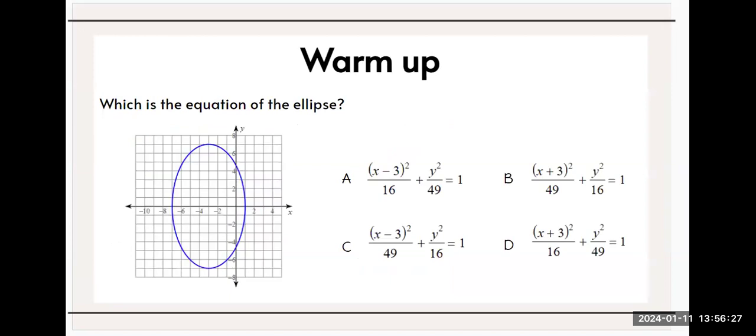See if you can pick out the equation of this ellipse while I open up Nearpod. You can pick your answer on Nearpod. I'll get that code for you in just a second.